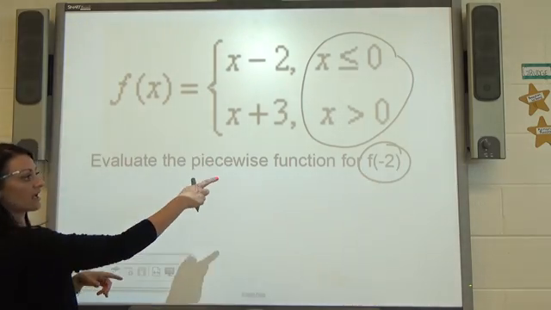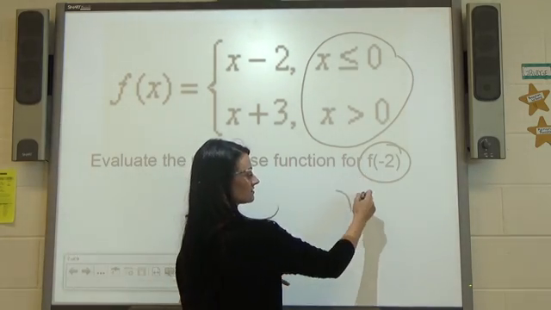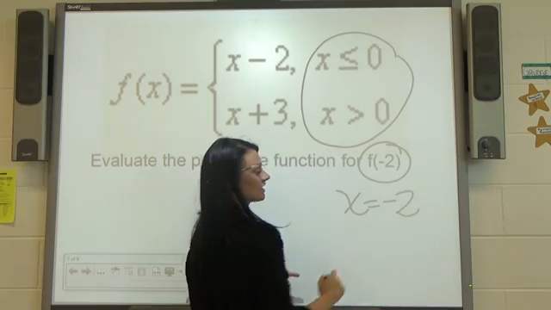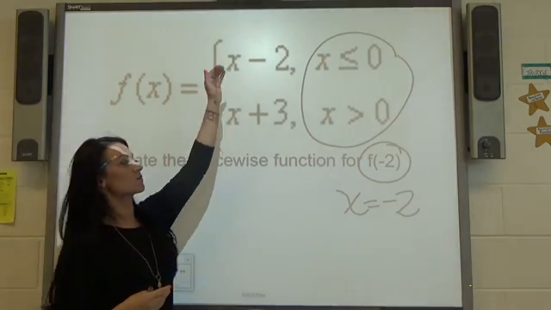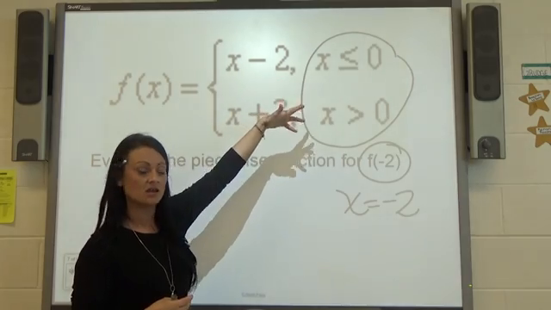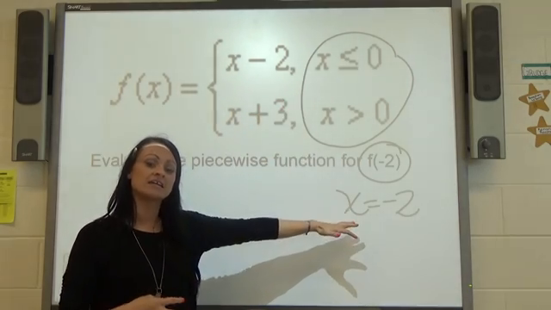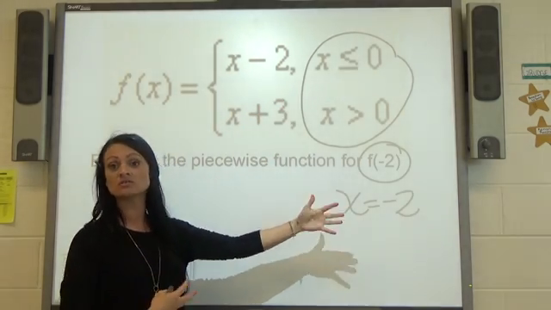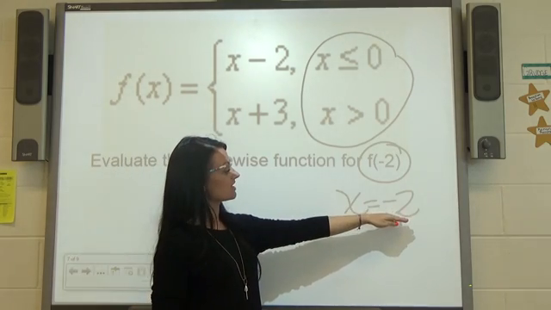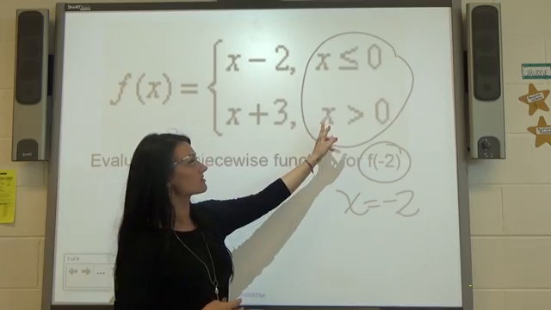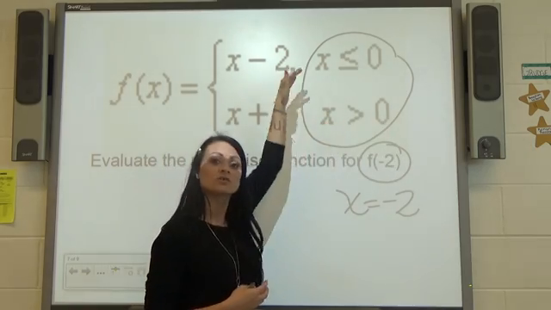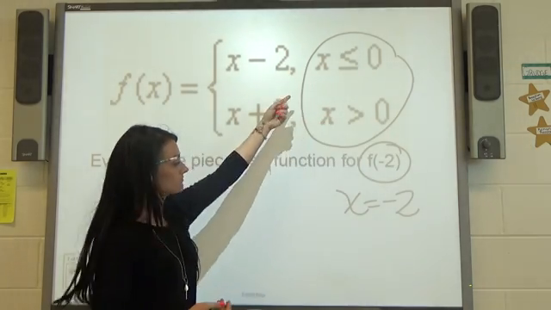So I'm going to take f of negative 2, and what this means to me is the value x equals negative 2. And my goal is to figure out which condition statement would actually be a true statement. So my value of x is negative 2. I have to think, is negative 2 less than or equal to 0, or is negative 2 greater than 0? Which one of those is a true statement?